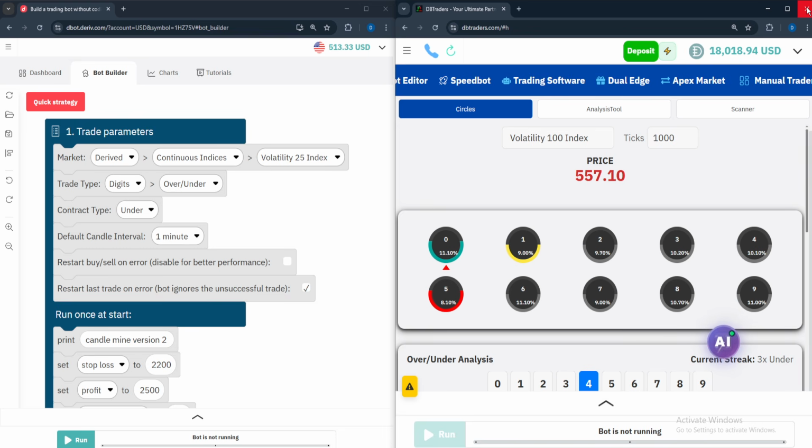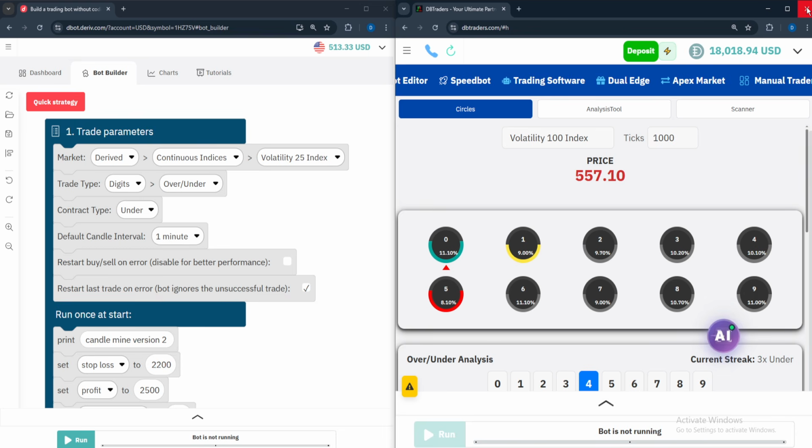The manual side, basically what is your entry point if you're trading manually? Now, if you're trading under 4 manually, all right, you do this. This is your entry, all right? You see you have a ticker that is moving from number to number. So basically you wait for this ticker to touch 3 numbers above 4, and then immediately it lands on 8, press under.